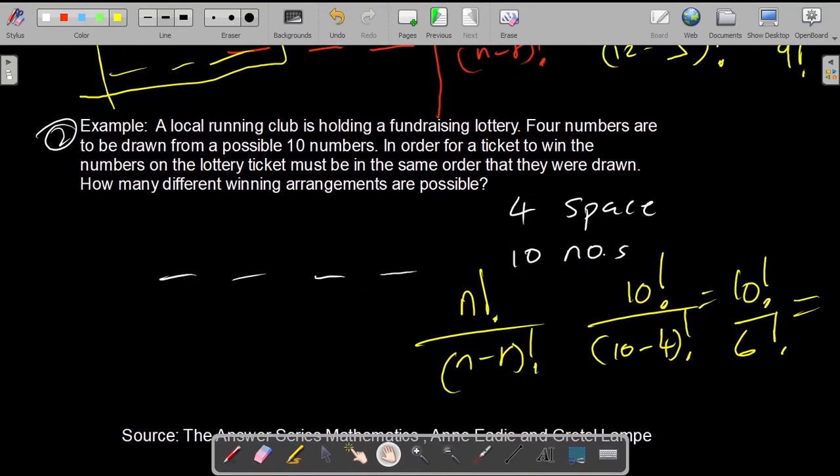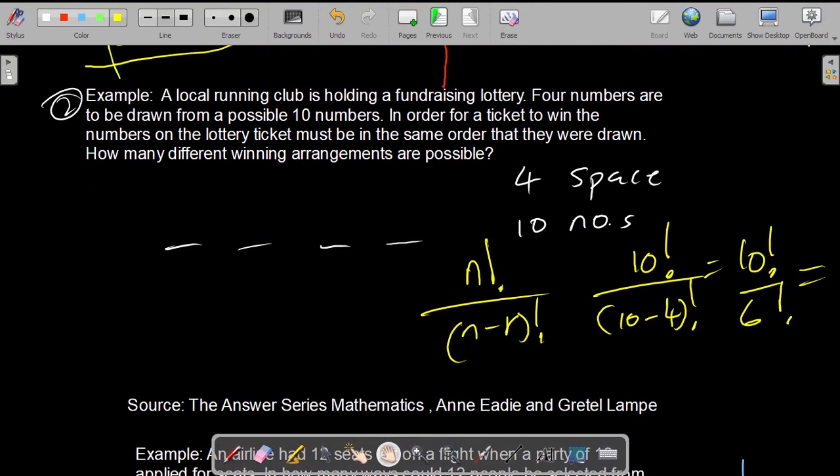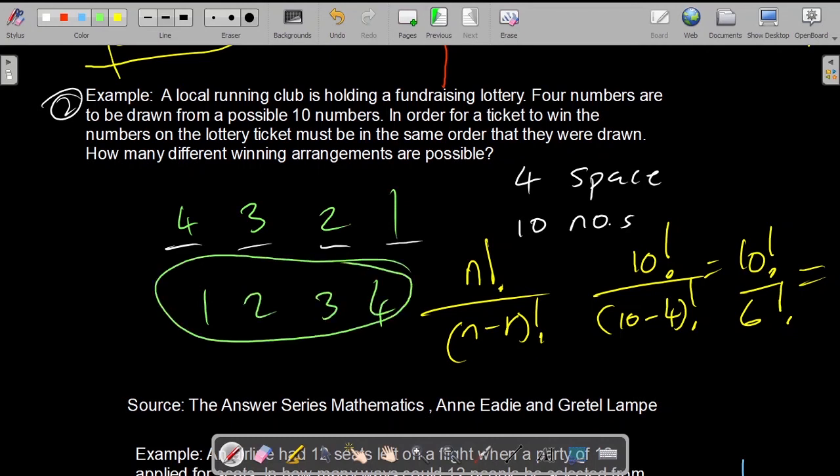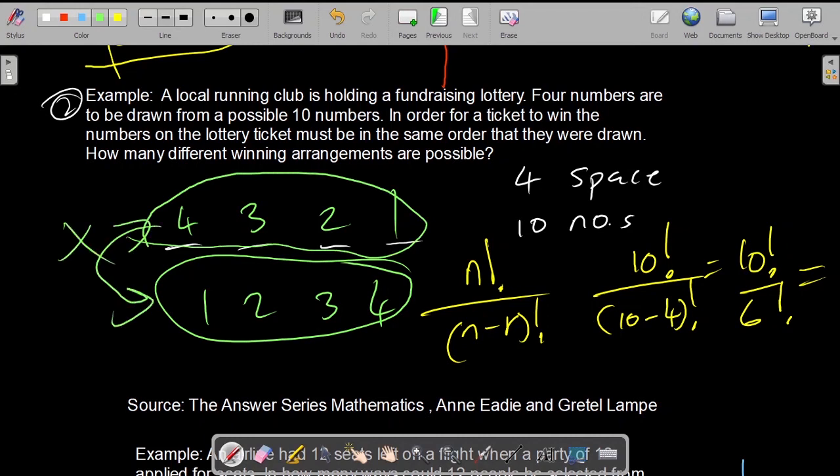In the second example, we basically talked about the winning ticket having the same order as the order they were drawn. So if the draw produced this order and the ticket actually had this order, even though the numbers are exactly the same, you wouldn't win, right? Which means the order in this case is fixed.